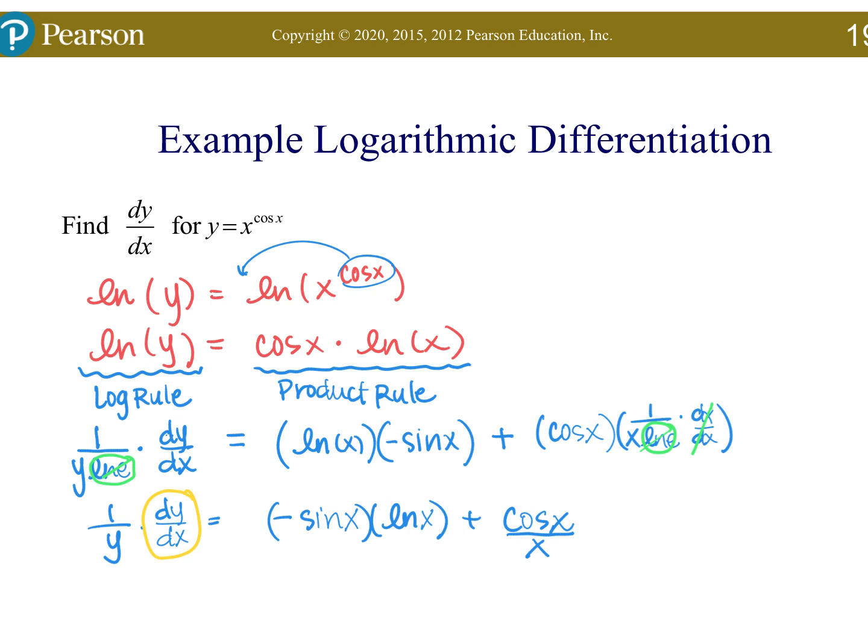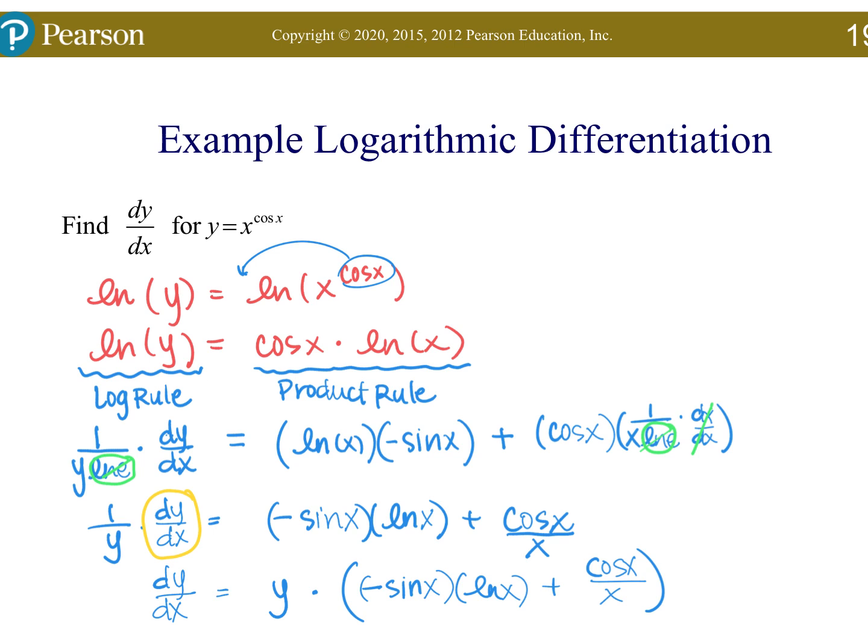Multiply by y. So dy/dx by itself would be y times all of this. I just multiplied both sides by y, so y goes on the other side.